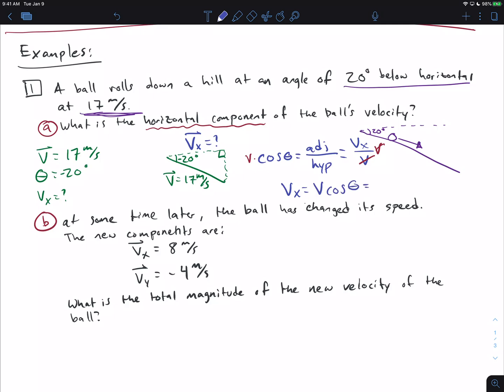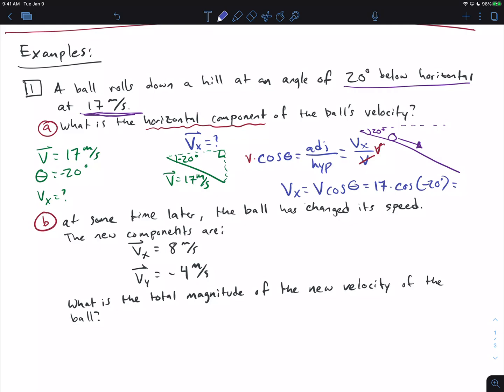Okay, so this is actually 17 times the cosine of negative 20 degrees. And that's it. That's how we'll solve this right here. So let's go ahead and get ourselves a number here just to make sure that we are on the same page. So go ahead and do this in your calculator as well.